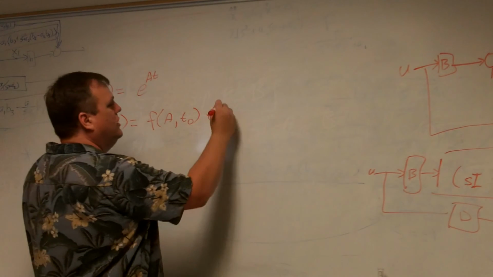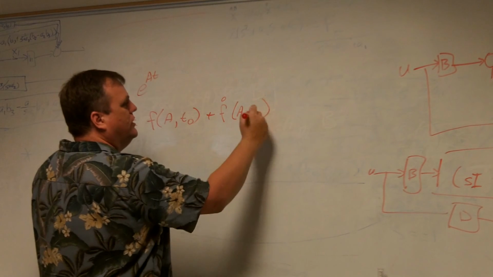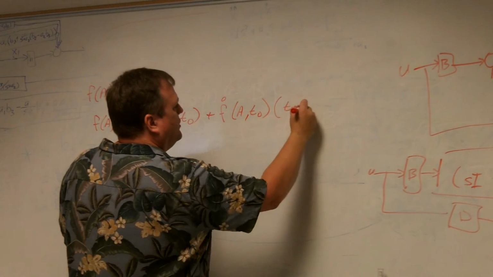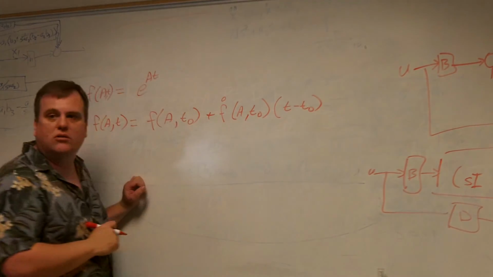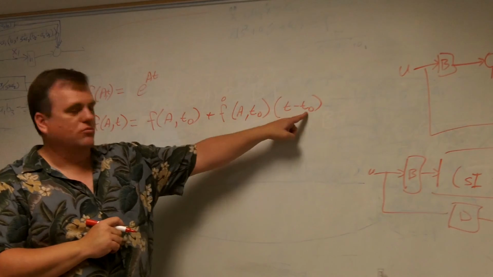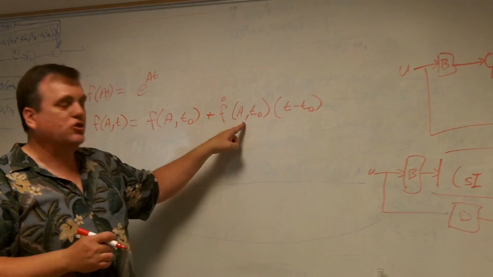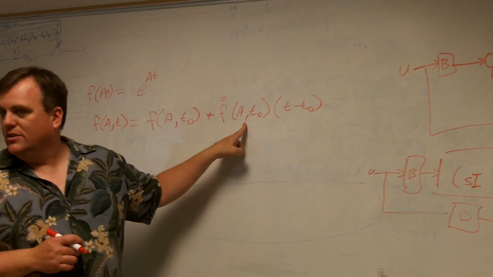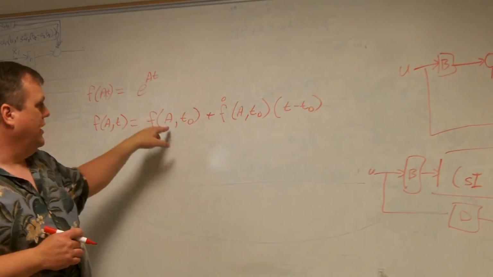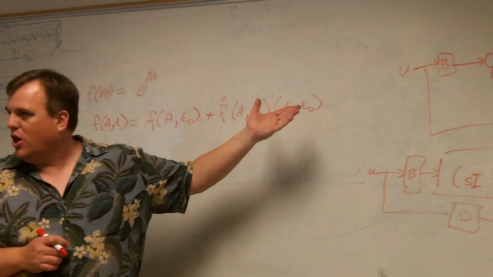Plus the derivative of that function evaluated at t0, times t minus t0. This is just the shift: how far am I away from that point? Times the slope, because f dot is the slope. So that's the offset plus the slope times the function. It's just a line.